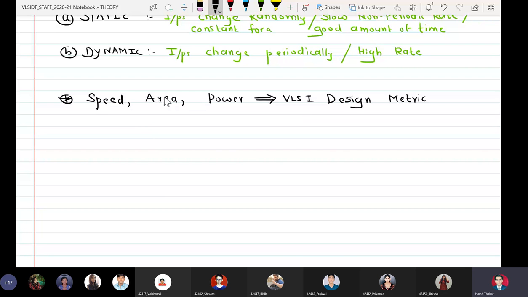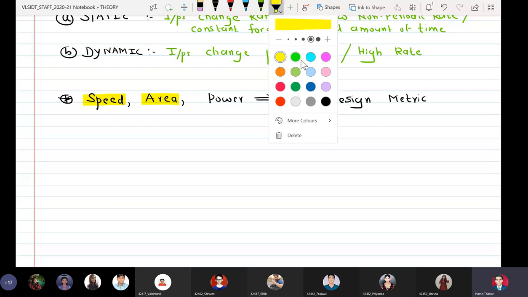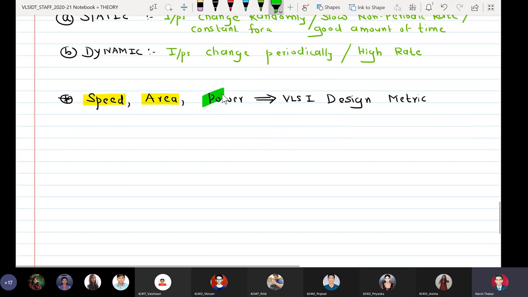Before a few decades, the focus of any IC launched in the market was only speed and area, and nobody really spoke about power. Why? Because power dissipation was less. So the aim was to increase the speed as much as possible and reduce the area as much as possible.